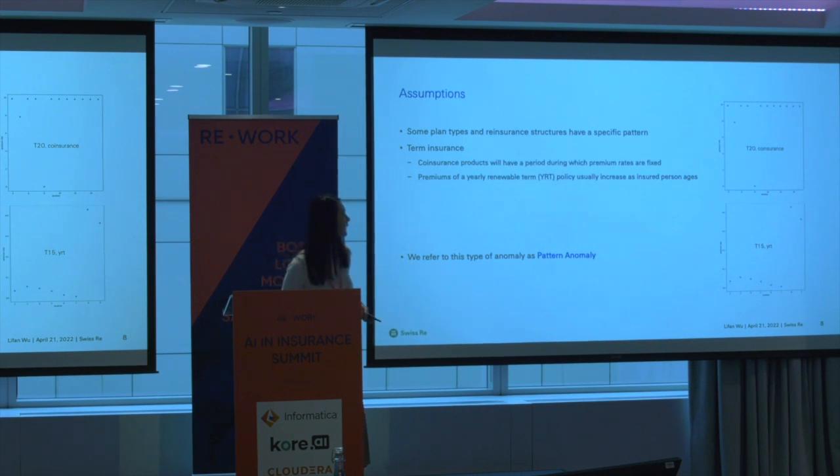The graph above is a T20 product, and there are two points that look very suspicious. Another example is a YRT product, where the premium rates usually increase as the insured person ages. For this Y15 product, the graph looks very weird to us and needs further investigation. We call this type of anomaly pattern anomalies.